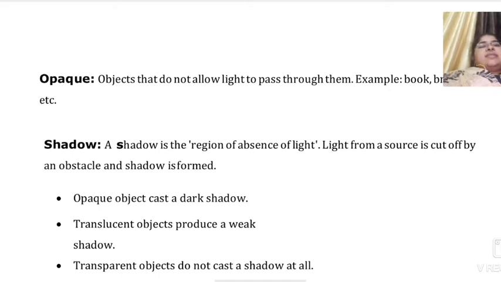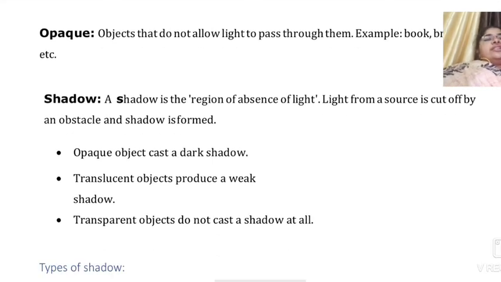Now next is the second topic, shadow. So what is a shadow? A shadow is a region of absence of light, where the light from a source is cut off by an obstacle and a shadow is formed. So student, when light comes through any object, but in some region light is absent, at that time light from the source is cut off.